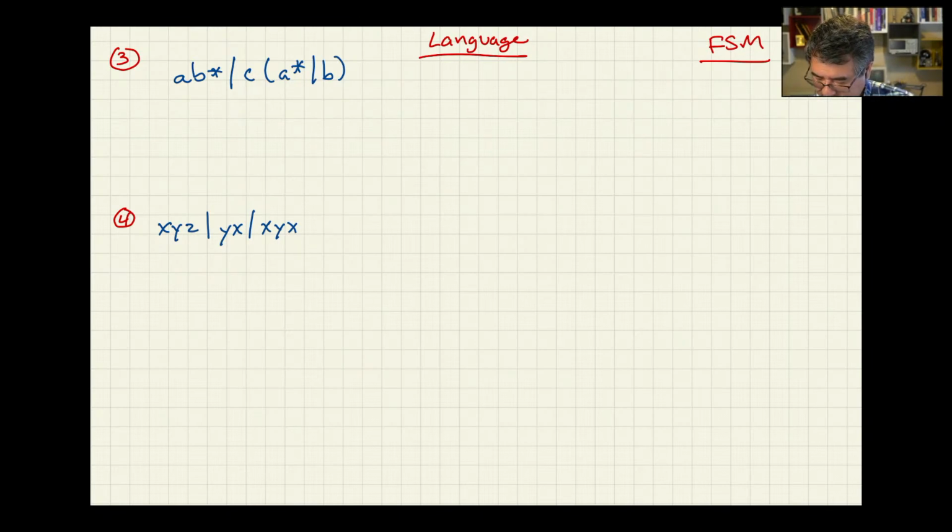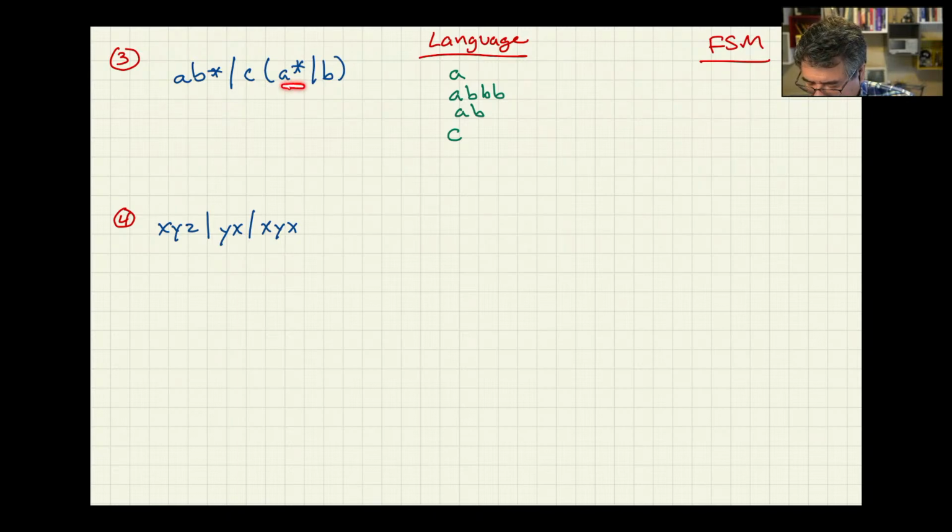So this one accepts just A, which is handled by the A here, and then no B's. A and then a bunch of B's, maybe even A and a single B. So that's the left-hand side. And then the right-hand side is C followed by what do we got here?